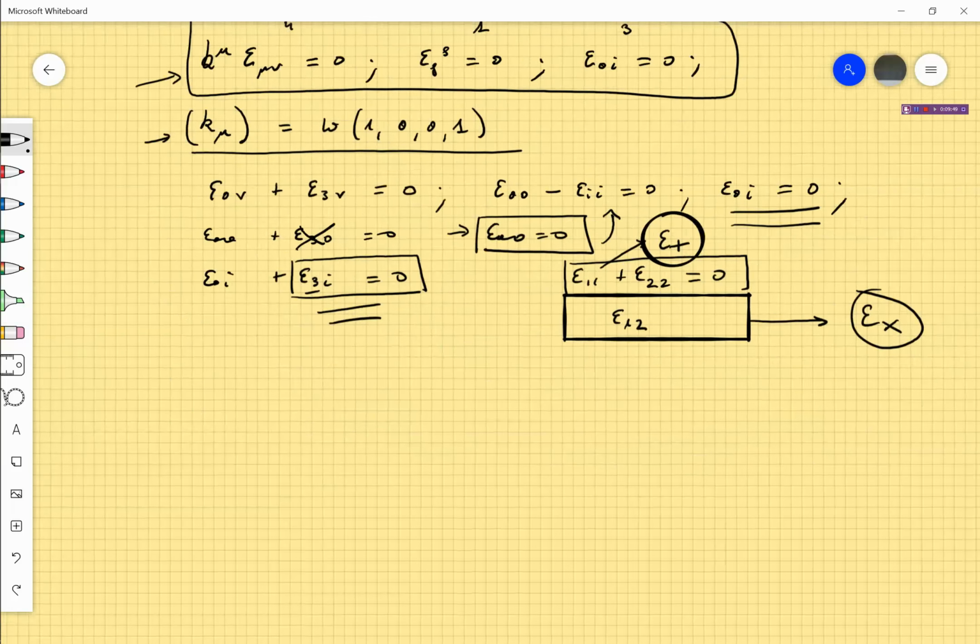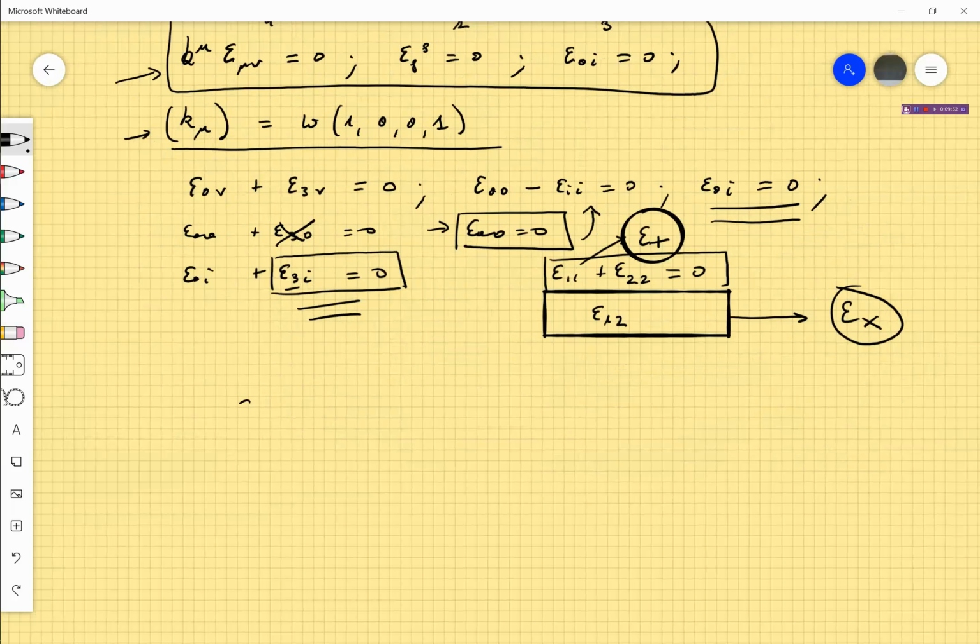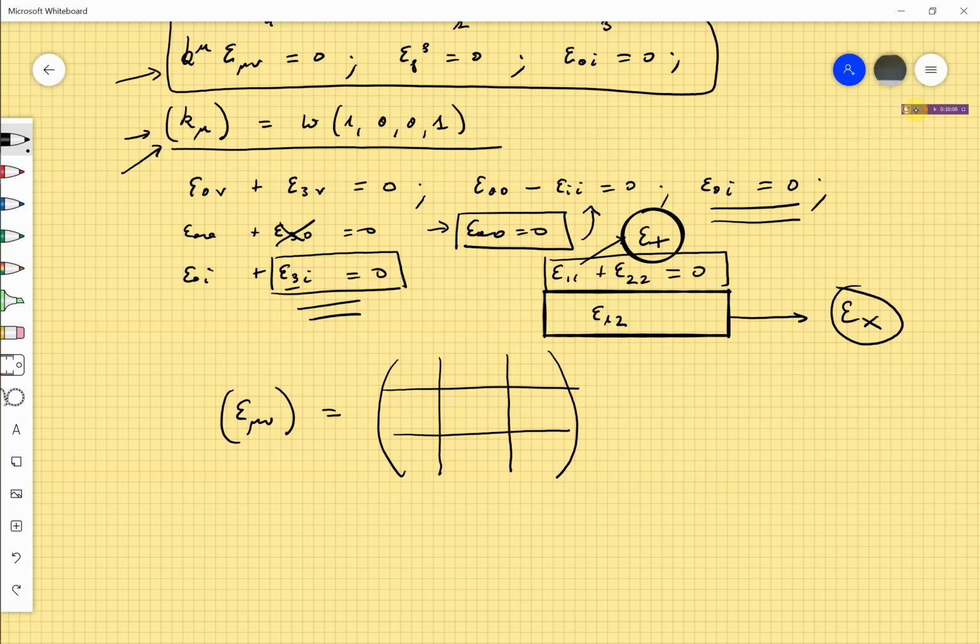And with all these conditions, the result is that the polarization tensor for this particular k can be represented in this way. Only this 2 by 2 box in the center is different from 0. ε^{11} we called ε_+, but ε^{22} is minus ε^{11}, so it is minus ε_+.